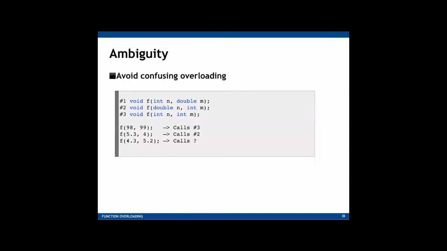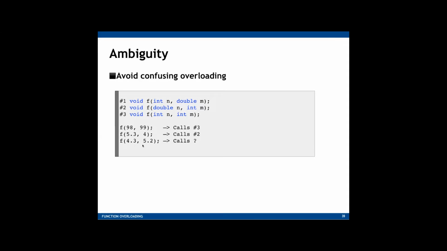Here, the compiler tried to convert the first argument, the double type, to int. Then the first function can be executed, because if we convert this to int, then this function call is type int and type double, so this function matches.